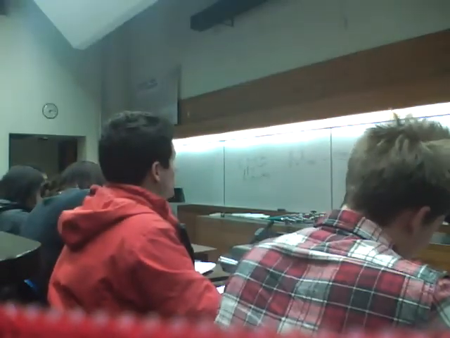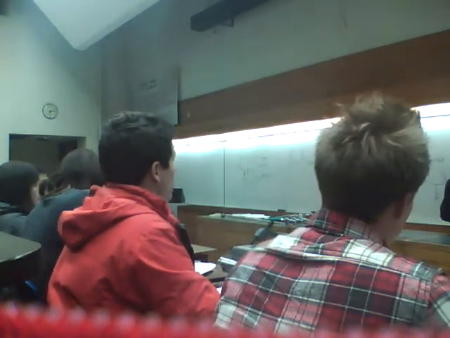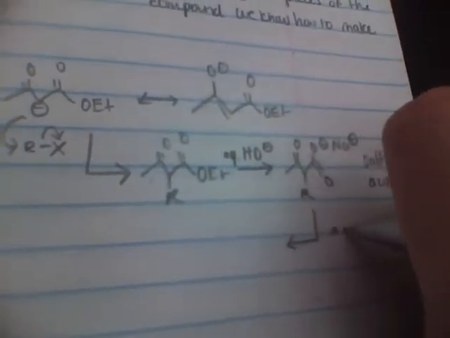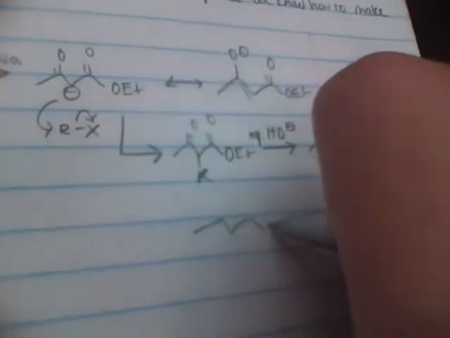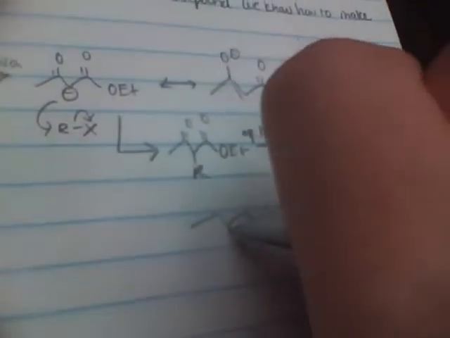And now, if you acidify this, you get a beta-keto acid, and when you heat a beta-keto acid, it decarboxylates, giving off CO2. So now you've got a ketone.